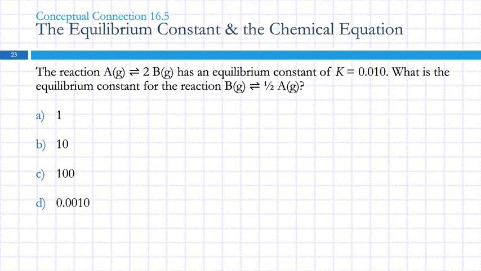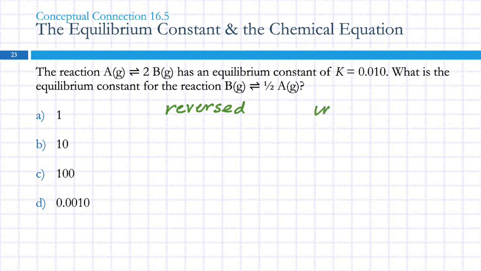Okay, so the reaction A going to 2B has an equilibrium constant of 0.01. What's the equilibrium constant for the reaction B going to 1/2 A? So what has been done to the chemical equation? Yeah, so we reverse the reaction.